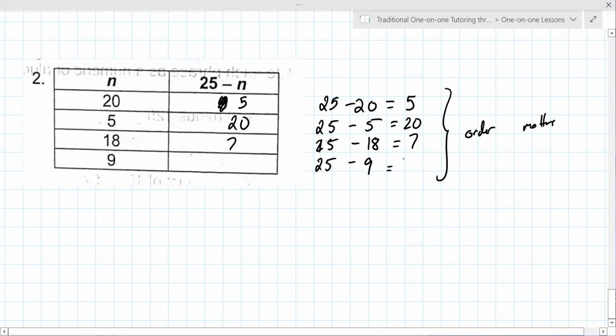You have an answer for me on that? August, are you still with me? Yeah, I'm trying to figure it out. Okay. 25 minus 9. Think of it like what's 25 minus 10?